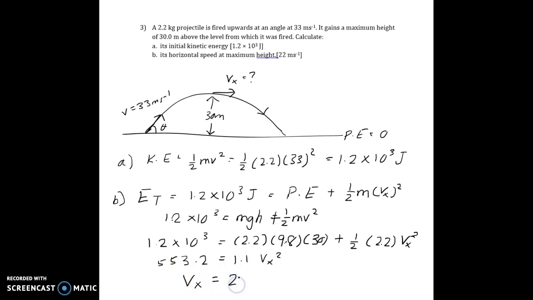Up to 2 significant figures, I will have 22 meters per second. So this is the speed at the maximum height. The horizontal speed is non-zero. The vertical speed is 0. So that's how you do this question. This will be the true answer. Thank you.